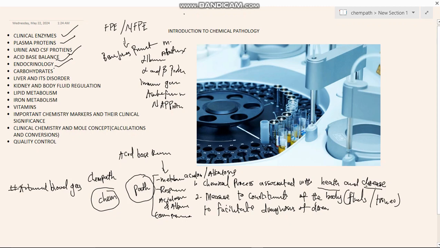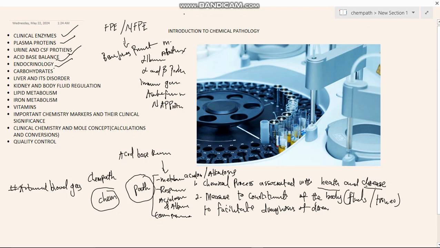So this is purely, we'll go much deeper into the physiological aspects. Then we also dive into the pathological aspects as well in diagnosing diseases such as amenorrhea, and all those endocrinology diseases.